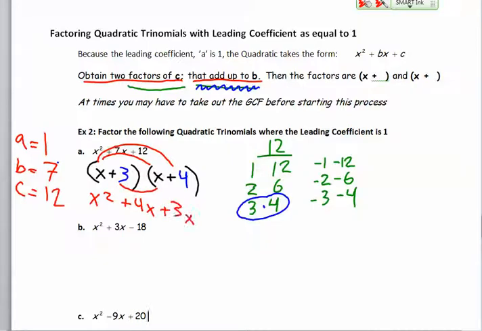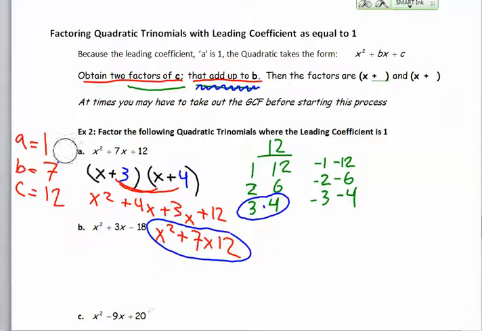And I would get a positive 3 times a positive 4, that's plus 12. If I come down one line and combine my like terms in the center, I'm going to get x squared plus 7x plus 12. Boom! This is the same thing as our original expression.